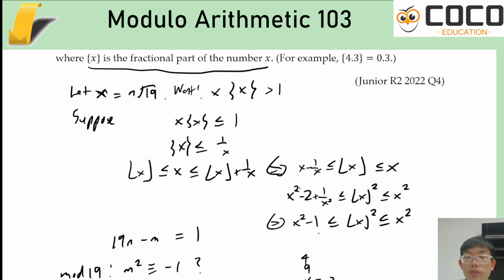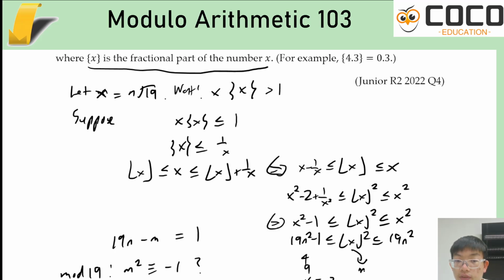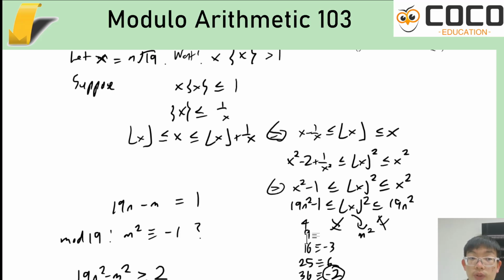So floor of x squared is an integer, it must therefore be x squared minus 1 or x squared. Now x squared, which is what we've been waiting for the whole time, is in this range. Which means that I'm just claiming that this square, which I called m squared just now, cannot be equal to 19n squared. It also cannot be equal to 19n squared minus 1, and that's a contradiction.